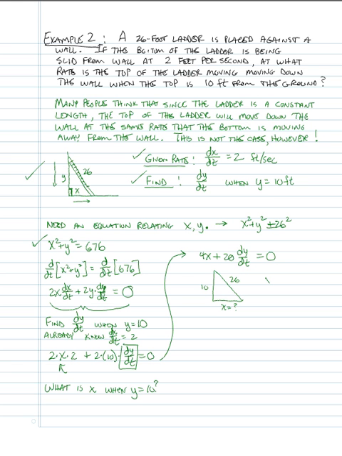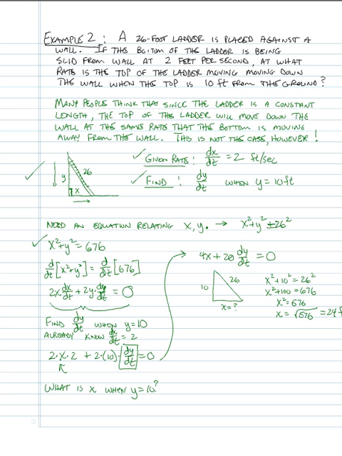Well, remember, we have x squared plus 10 squared in this case is equal to 26 squared, where that's x squared plus 100 is equal to 676, or x squared is equal to what, 576? And so x is the square root of 576, which is actually equal to 24 feet.